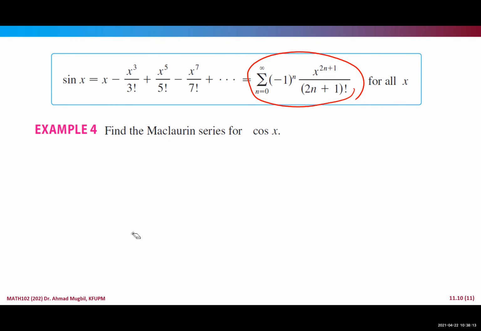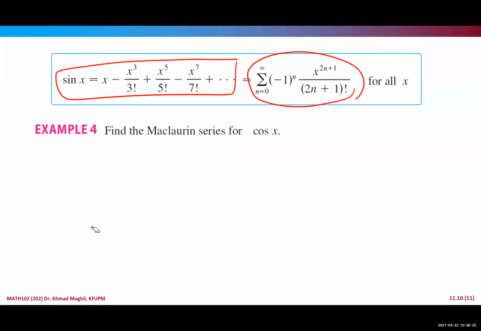Now we have sine. How do we get cosine from it? The derivative. Maybe the derivative. Yes, cosine x is the derivative of sine x. Just differentiate this.